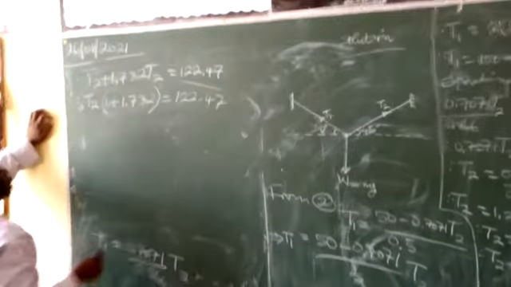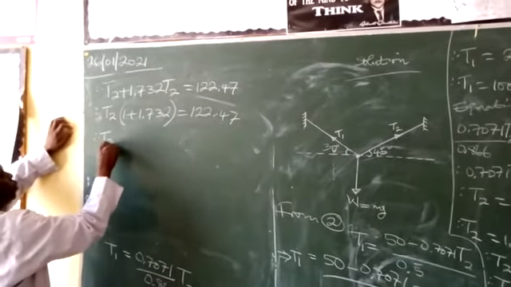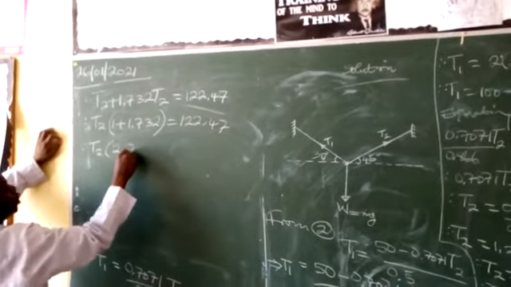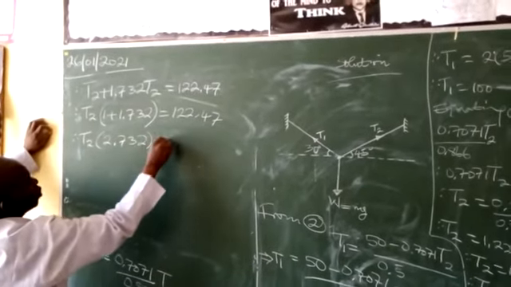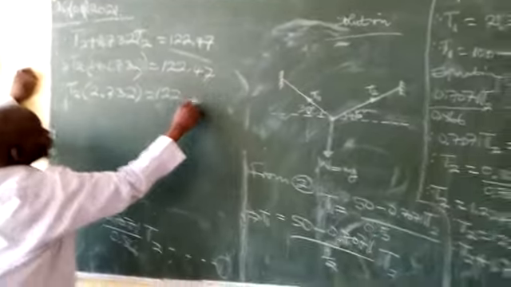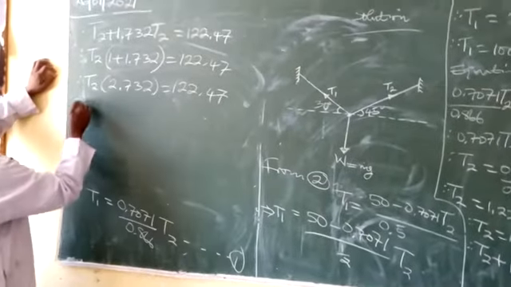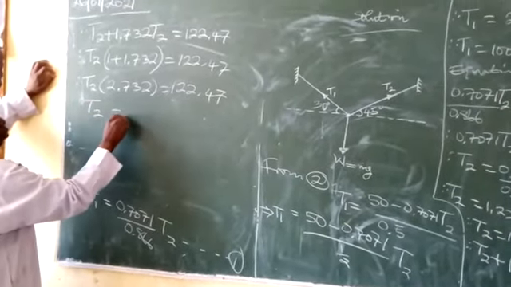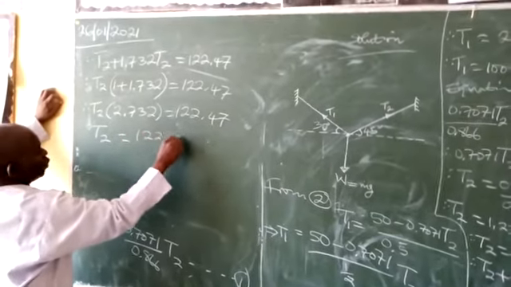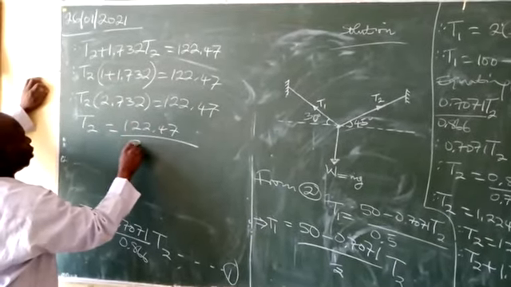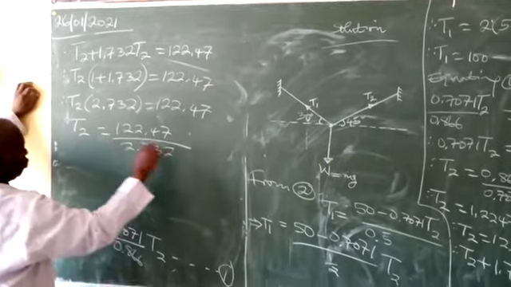Adding, what you have is 2.732. So I have T2 into 2.732 is equal to 122.47. So T2 now will be 122.47 over 2.732.